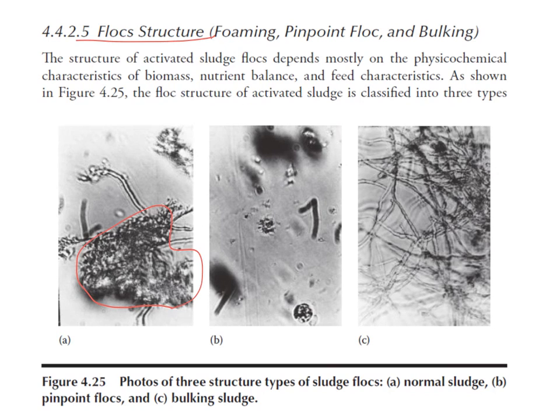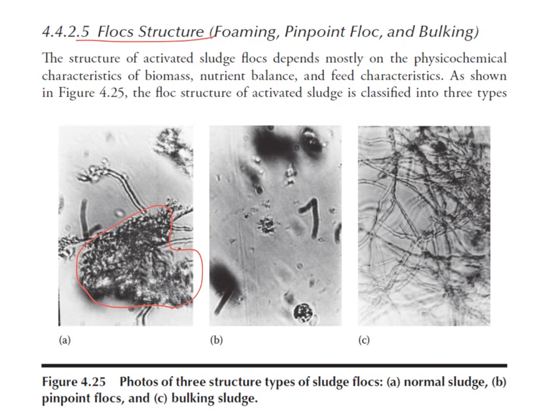However, if you experience bulking problems, the microbial flocks disintegrate, which means we can see just a number of small microbial cells instead of the very big microbial flocks.